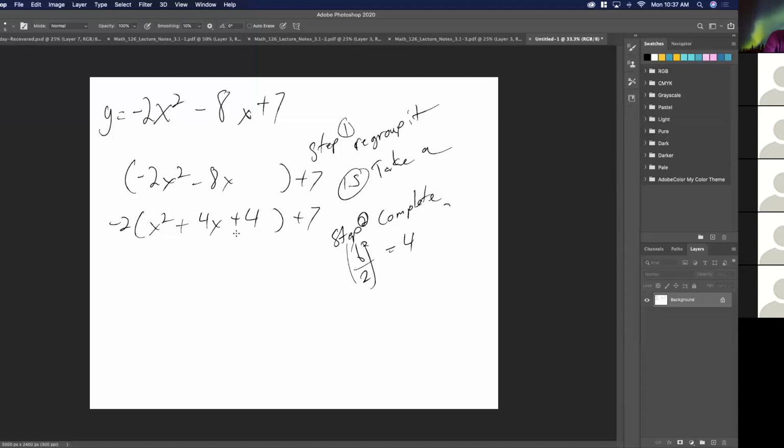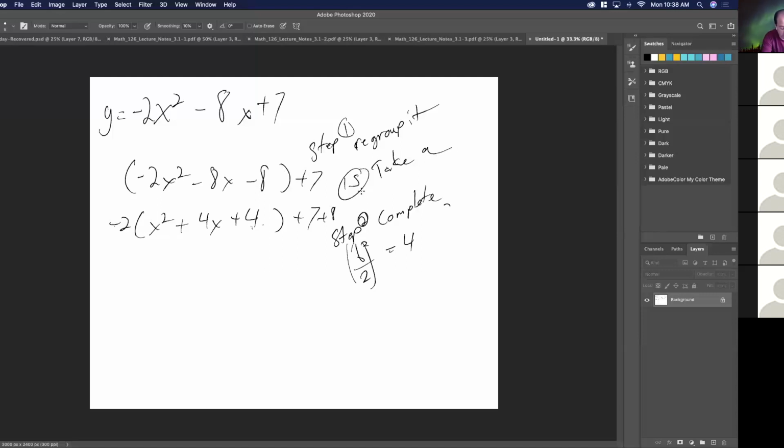But now when we add this 4, since I'm adding 4 inside this parenthesis, it's actually negative 2 times this 4. So I'm actually minusing 8 out. That's really what's happening here, right? Because if I went back to this step, this would be minus 8. So if I take away 8, I have to add 8.